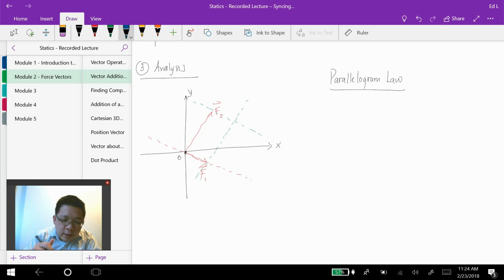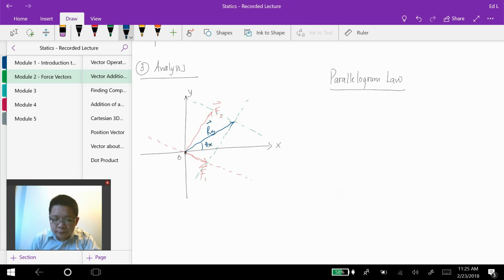Okay, then the resultant of the force vector summation can be drawn by connecting these two intersecting points, and that's basically our RS. Okay, and the angle made between RS and the horizontal axis is theta S x.